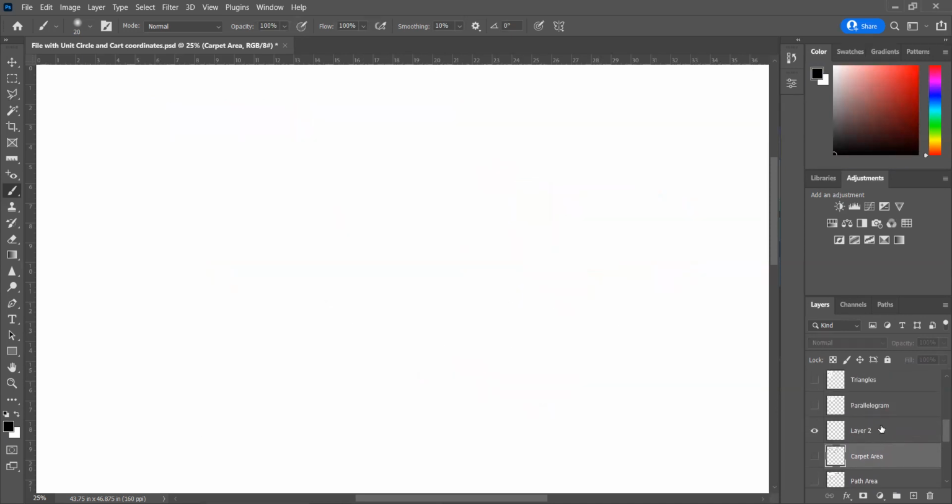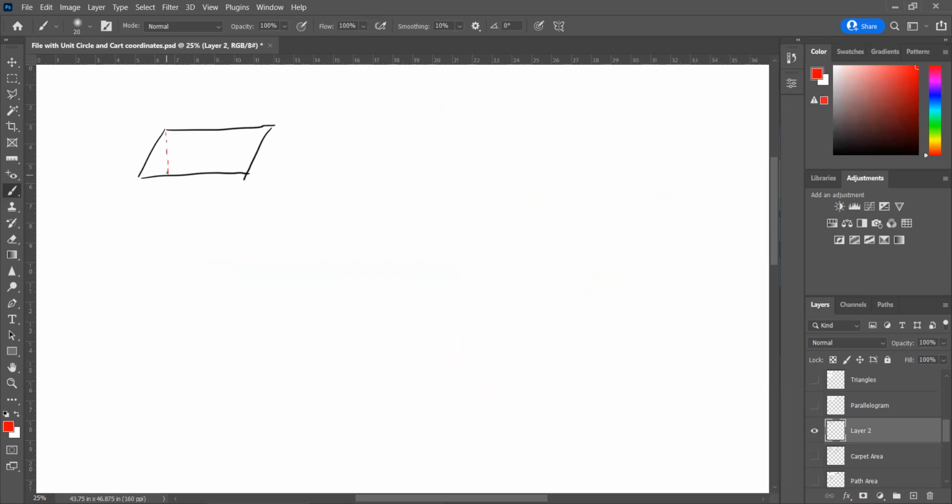Well, we don't just have rectangles. We've got some other shapes. So let's take a look at some of those. Maybe I've got a parallelogram. Well, in a parallelogram, the two opposite sides are parallel. It looks kind of like a rectangle that got skewed. Well, take a look at this.